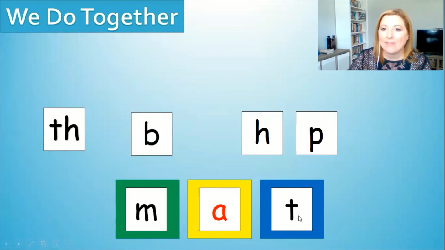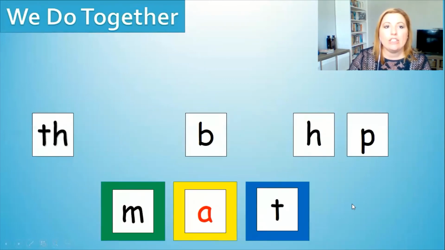That's not a digraph TH, that's the letter T. I have to say the sound T. Let's try that again. Ready? At. That's much better. The word is mat. All right.